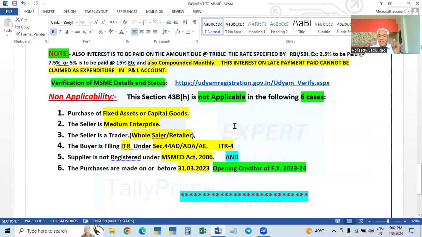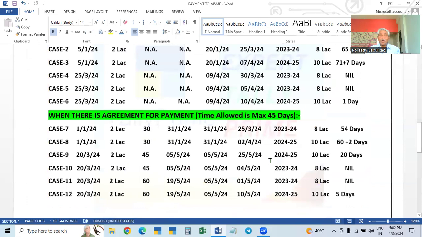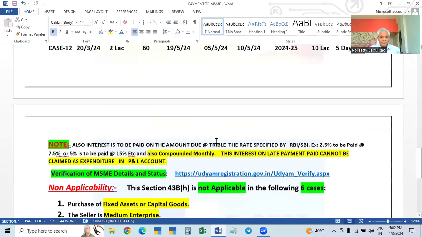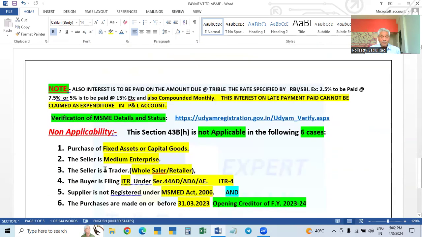Number two, if the seller or supplier is a medium enterprise, I told you this is applicable only for micro and small enterprises. For medium enterprises, this section is not applicable because medium is a larger one. Also, this section is applicable for the purchase of goods and services if the supplier is a manufacturer or service provider.